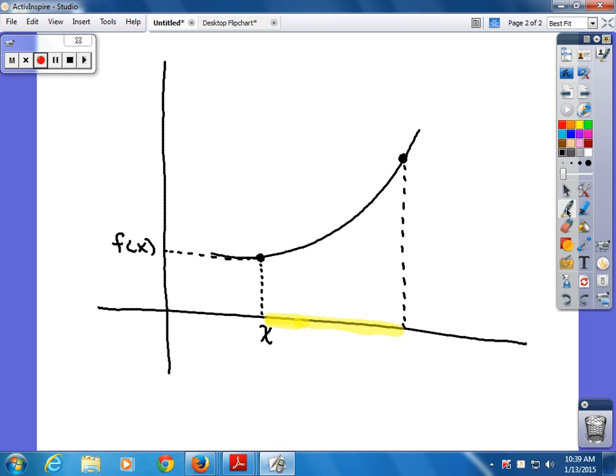Whatever you want to call it, I'm going to call it h, and I'm going to color it blue. So you can't use x here because they're not the same number. So this coordinate right here would be x plus h.